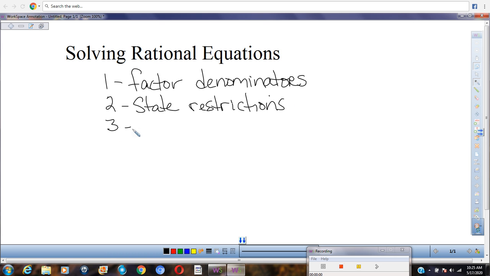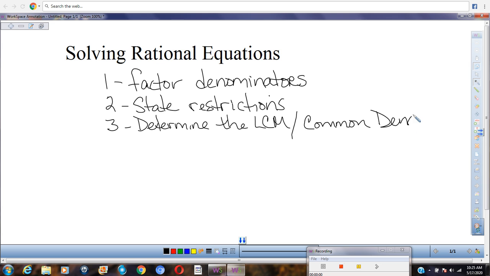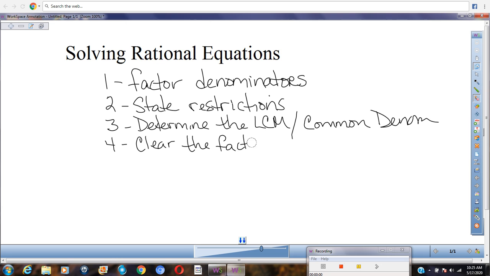Step three, you want to determine the least common multiple, or of course the common denominator. We're going to use that common denominator to clear the fraction. Try spelling that correctly.